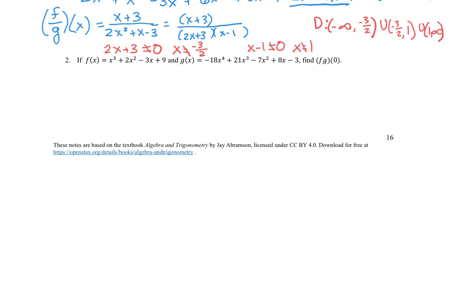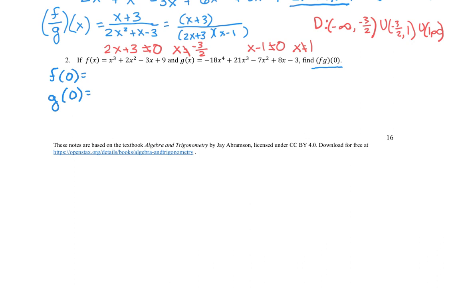In number 2, we're given two functions again, f and g, and we're asked to multiply f and g, but solve them when x is 0. There's a couple ways to do this, but what I'll do first is find out what f of 0 equals, and figure out what g of 0 equals.